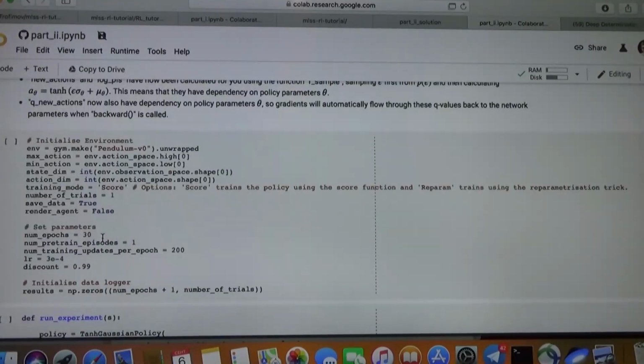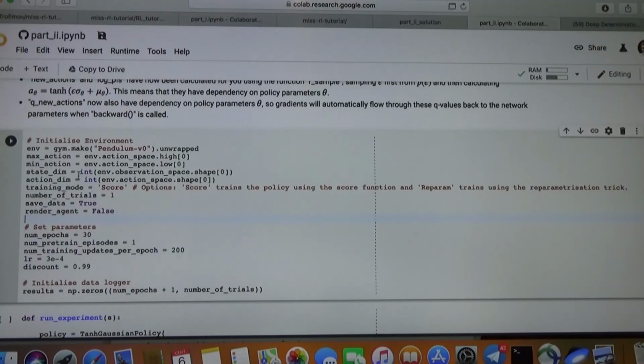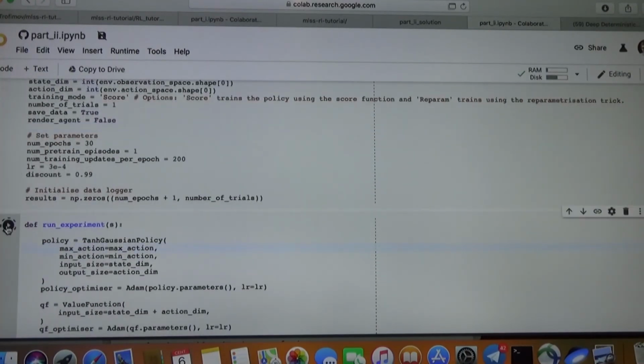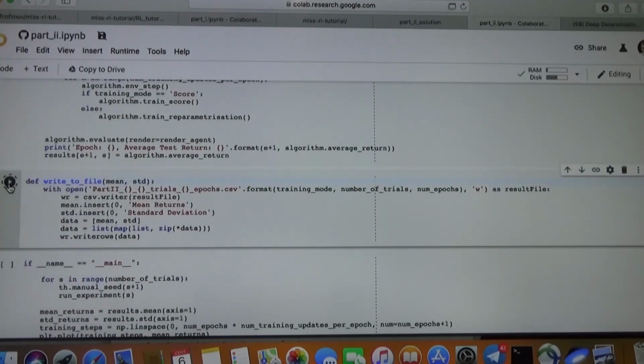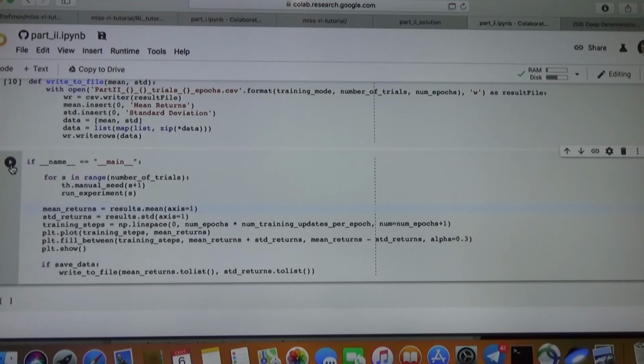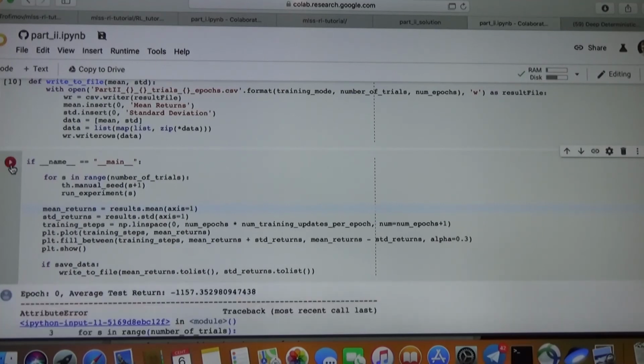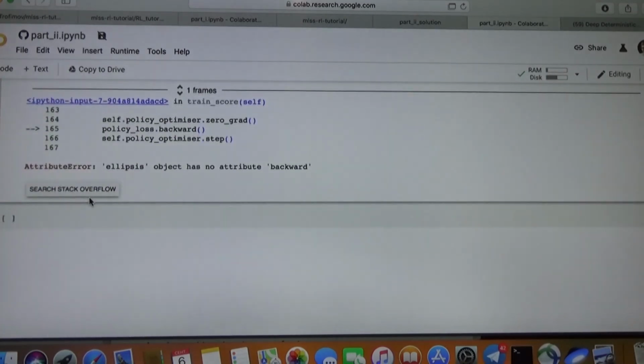We can skip the last problem here, and we can already run our agent. Yeah, it is like a hyperparameter.